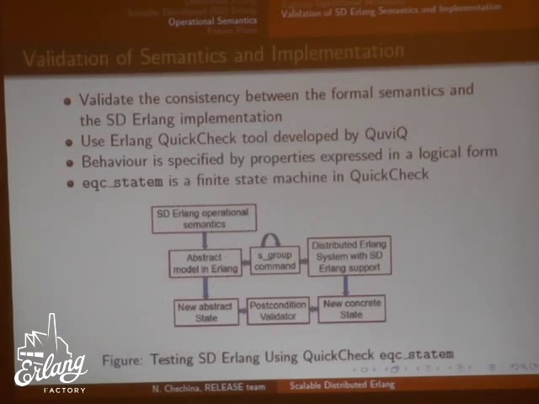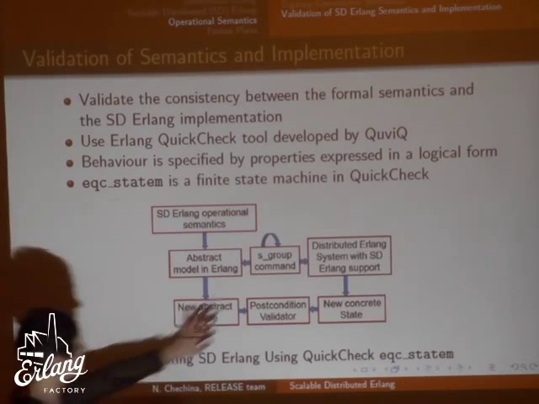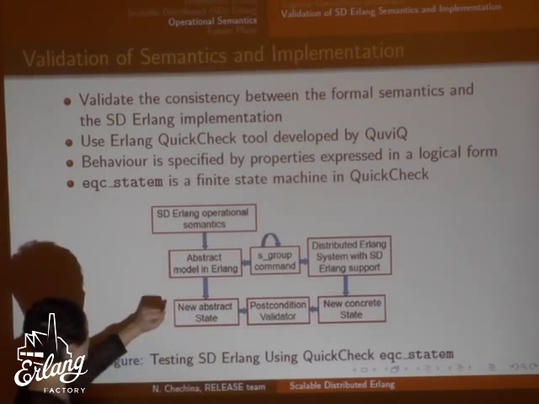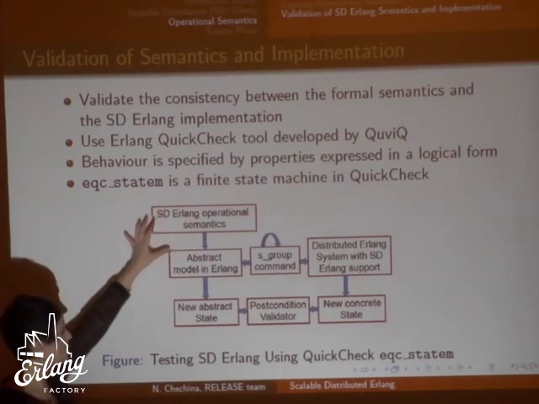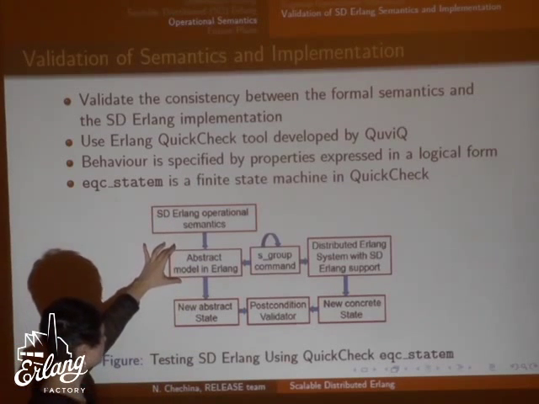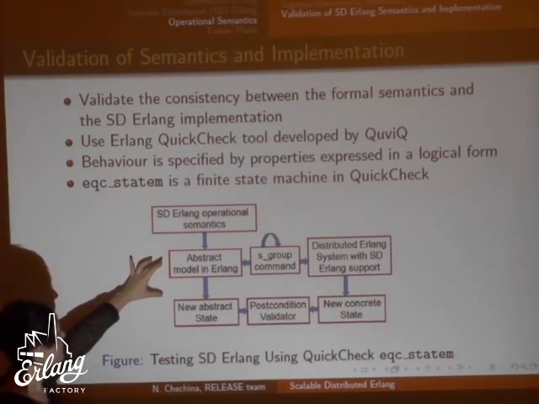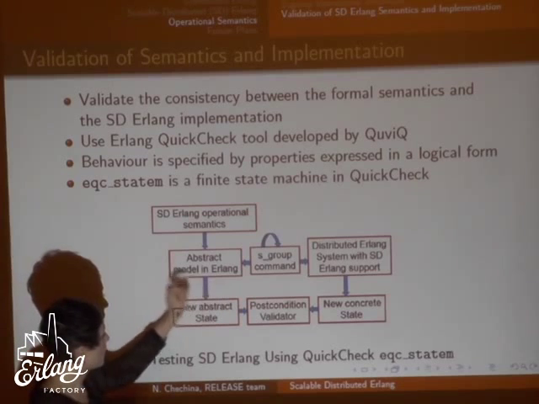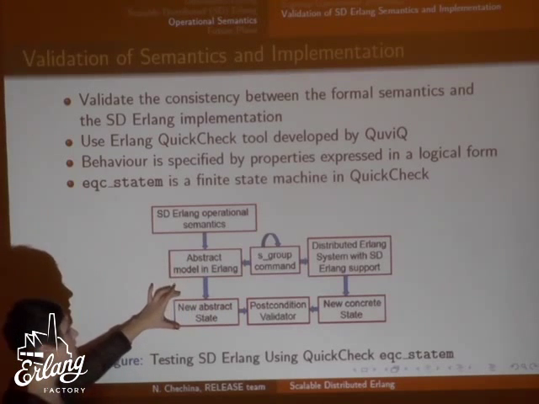We verified that, and for validation, we used QuickCheck, from the company QuviQ. The way we did it is that we have an s_group command, and we go in two different directions. We take the operational semantics, we take a state, we apply the semantics, and we get a new state.